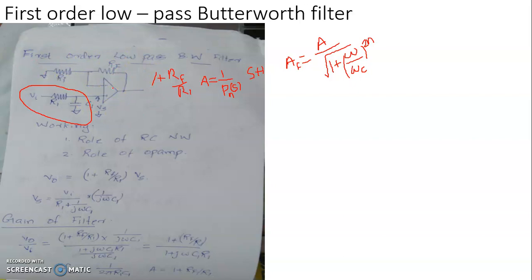So this will offer the necessary gain, and the presence of this op-amp is sufficient to make necessary modification for the frequency of the filter response.